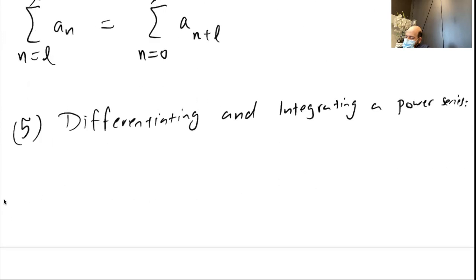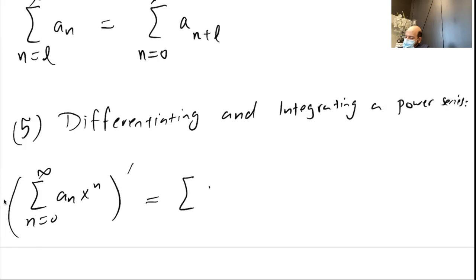So let's say I have sigma a_n x to the power n from 0 to infinity, and I want to differentiate it. I can write it as sigma n a_n x to the power n minus 1, with n from 1 to infinity.